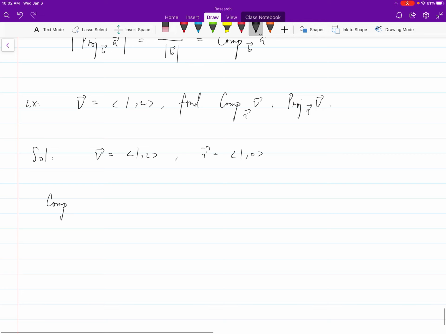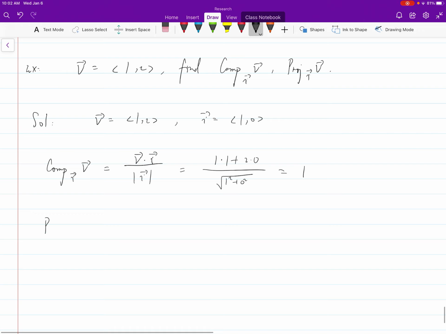Okay, so what is the component of v onto i? By the formula, that's going to be v dot i divided by the length of i, which is 1 times 1 plus 2 times 0 divided by the square root of 1 squared plus 0 squared, which gives you 1. So the component of v on i is 1. What's the projection of v?